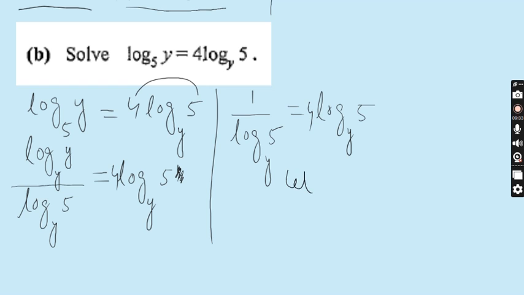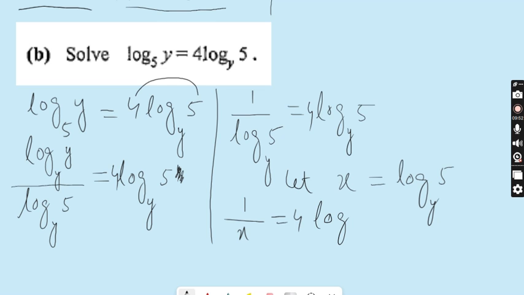So if we let x is equal to log y 5, our equation becomes 1 upon x is equal to 4x. Sometimes we need substitution in order to ease the question.